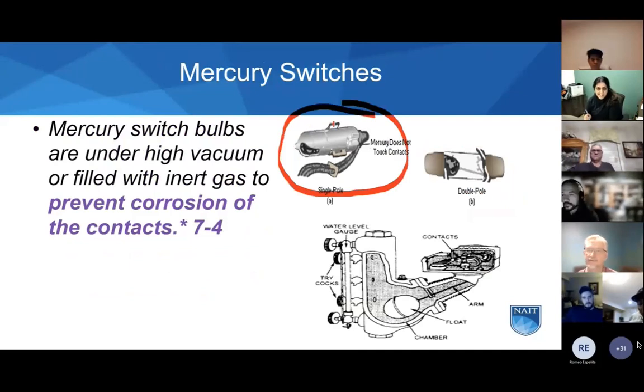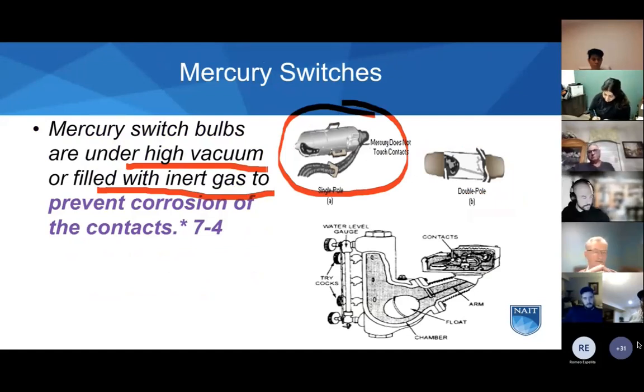Inside the mercury switch that we saw, we can't see it, it's filled with inert gas or just under vacuum. When a glass tube is constructed for that kind of service, where there's electrical devices inside, it's actually a tiny little charge.